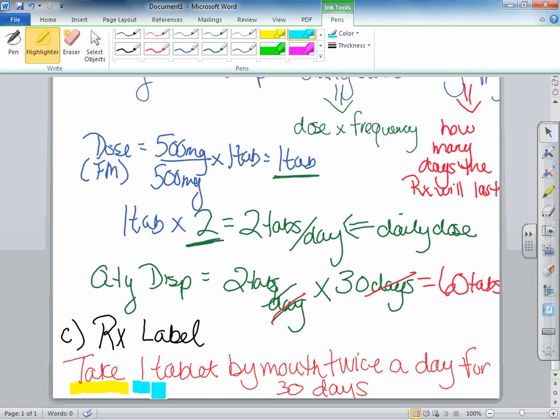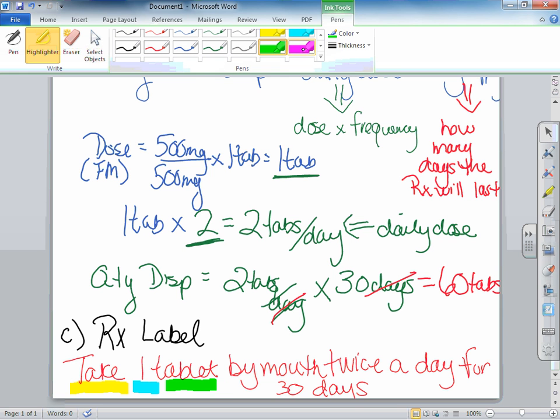You're going to tell them how many tablets is equal to 500 milligrams. You're going to tell them the form. You have the route of administration. You have the frequency. And then again, you have the additional information, which is for 30 days. This is what a prescription label's instructions will read or say for the patient to understand.